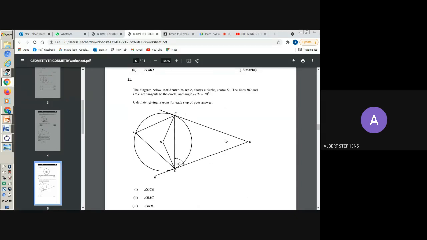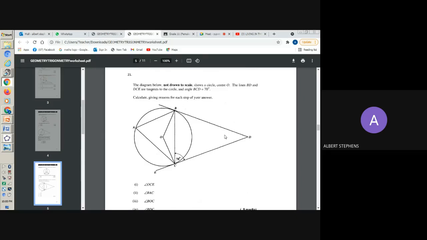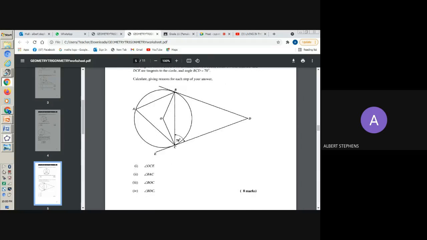So what you notice about these questions is that they superimpose like three of the different diagrams in one diagram. That's what they do. All right.